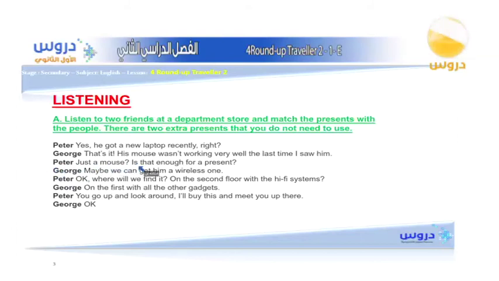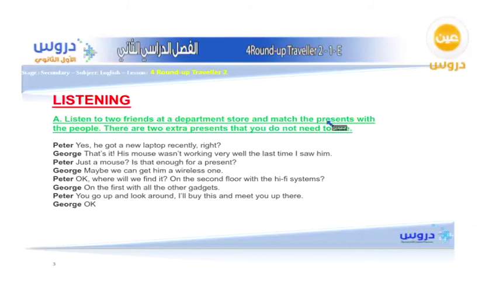Peter: Just a mouse? Is that enough for a present? George: Maybe we can get him a wireless one. Peter: Okay, where will we find it? On the second floor with the Wi-Fi systems. George: Good. On the first with all the other gadgets. Peter, you go up and look around. I'll buy this and meet you up there. Peter: Okay.